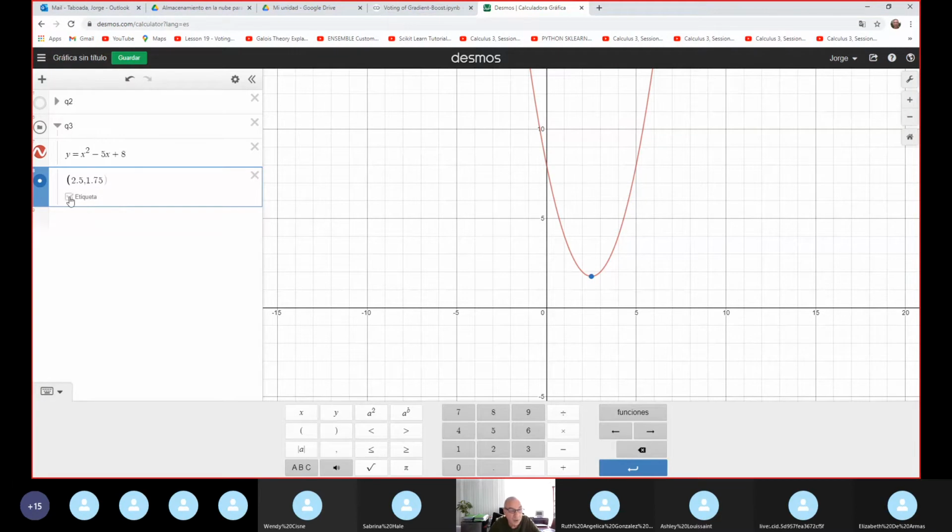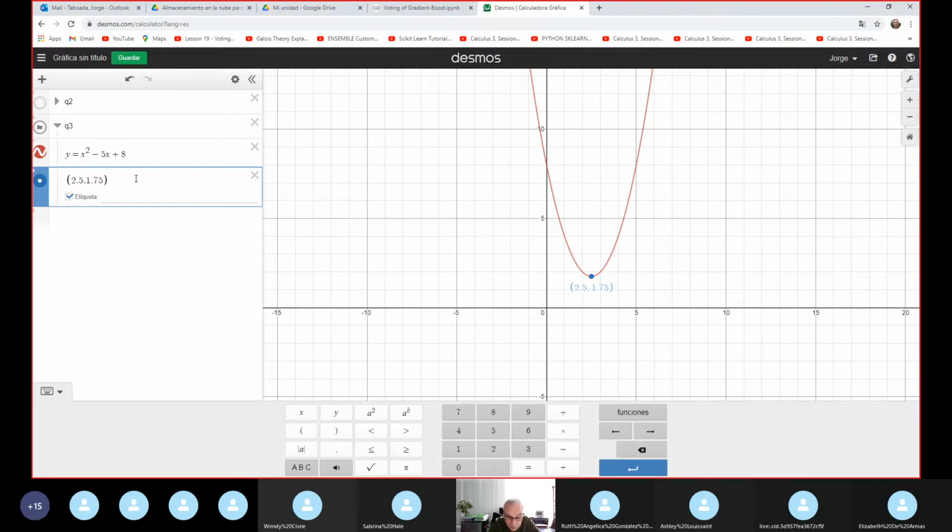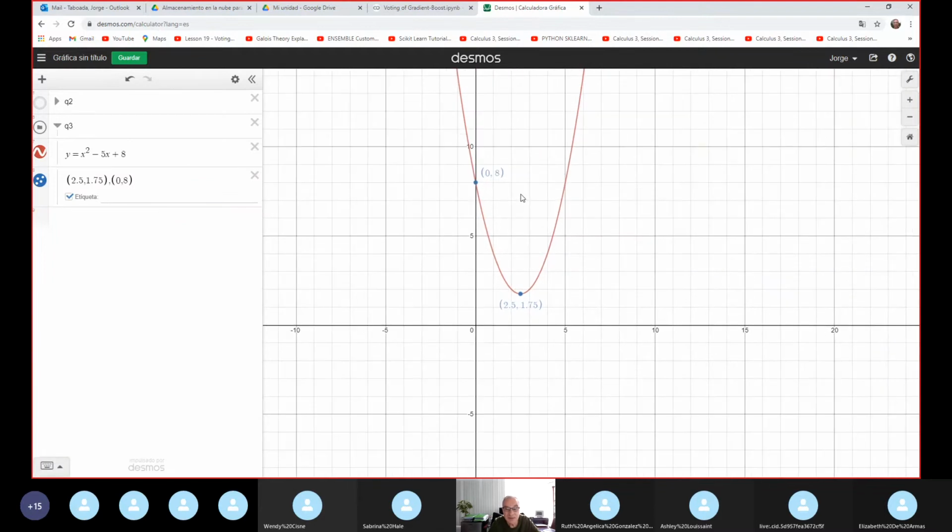Boom, perfect. Look at that. Nice. I like that. One more important point, separated by a comma, is 0.8, the y-intercept. Okay, super good. I can see clear now, like water, this parabola never crossed the x-axis.